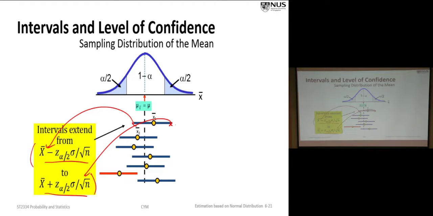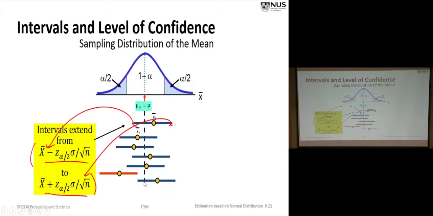Let's say I fix it as 95, alpha is 0.05, so I have a 95% confidence interval, which means that if I take many samples, 95 of them will cover the true parameter. So you can see that this one has a confidence interval that does not cover the true mean.